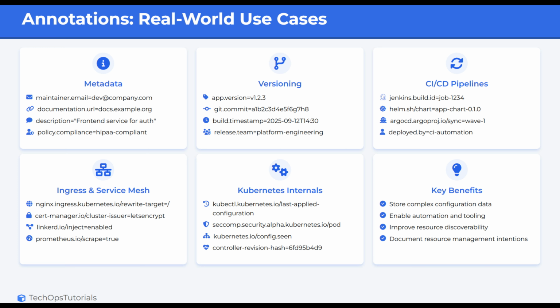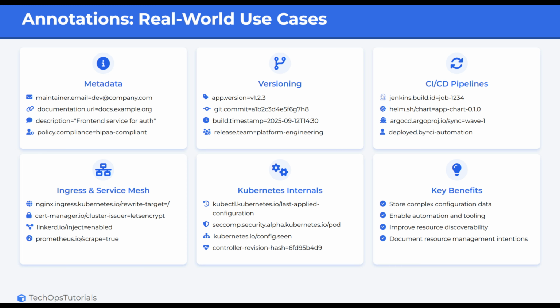For CI/CD pipelines, tools like Jenkins, Helm, or ArgoCD use annotations to track the deployment jobs and sync status.